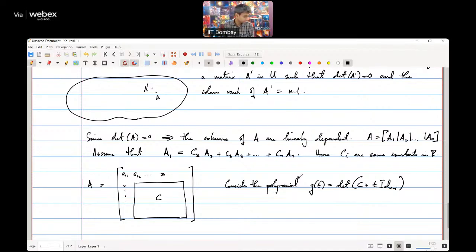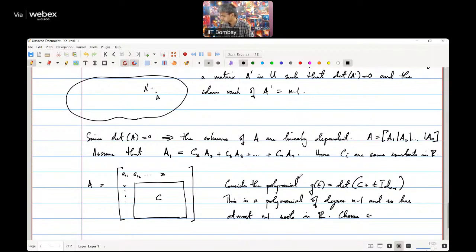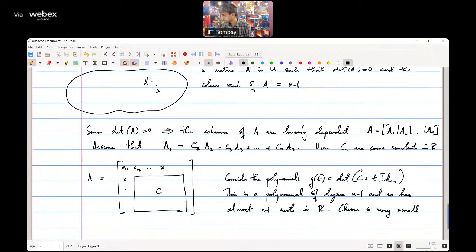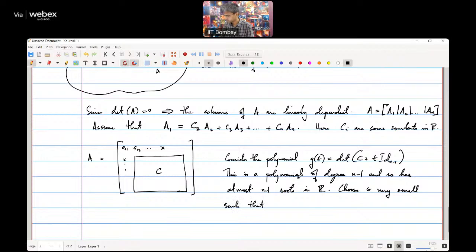This is a polynomial of degree n-1, and so has at most n-1 roots in R. So choose epsilon very small such that epsilon is not a root of g of t.